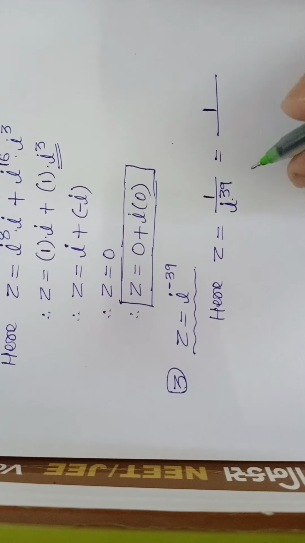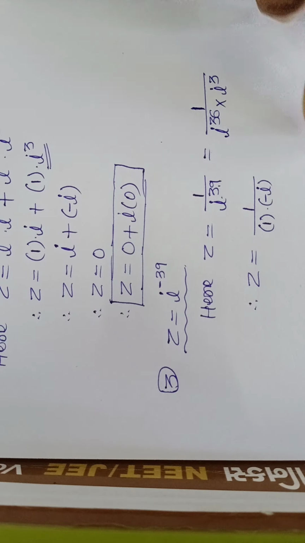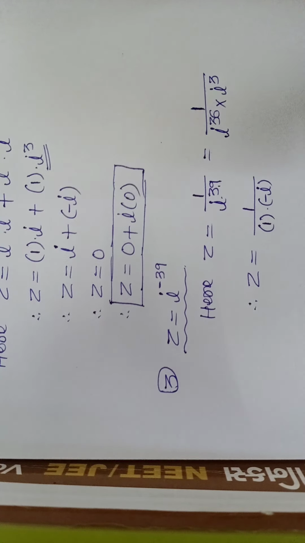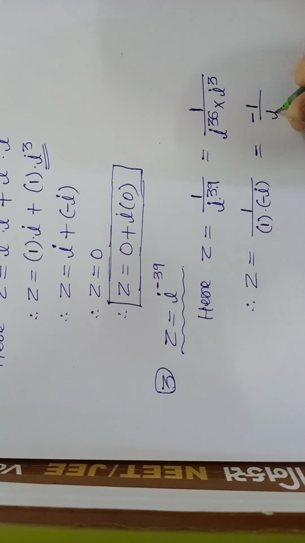So that is i raised to 36 into i cube, right? And therefore this complex number z is 1 upon i raised to 36, which is 1, and i cube, which is minus i, my friend, right? It means this number is minus 1 upon i.